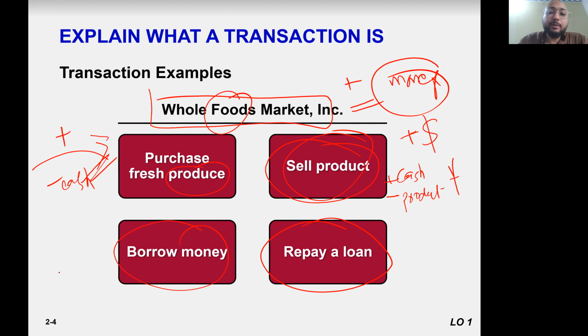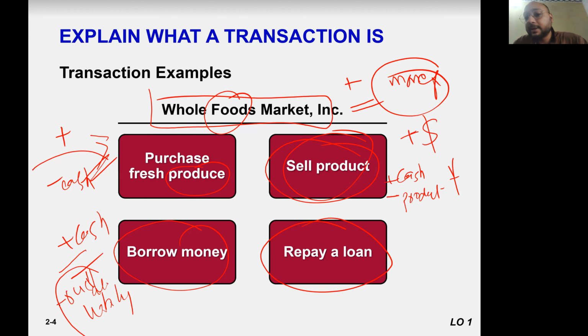Right? So when we borrow money, what will happen? As a business, we receive the cash, and we increase the outsider claim or liability. So liability is the other side of the equation. You can say that it's an outsider claim.